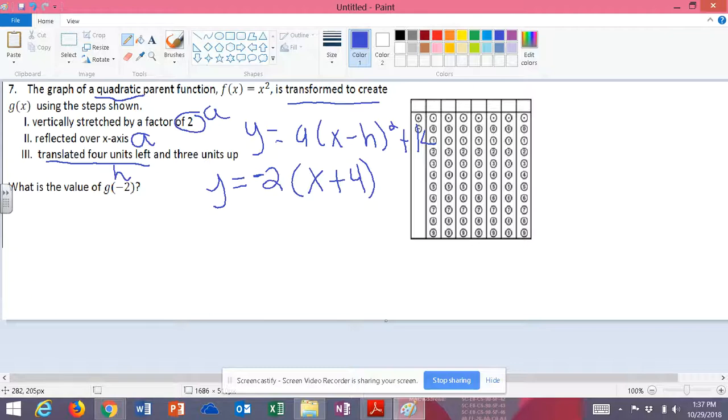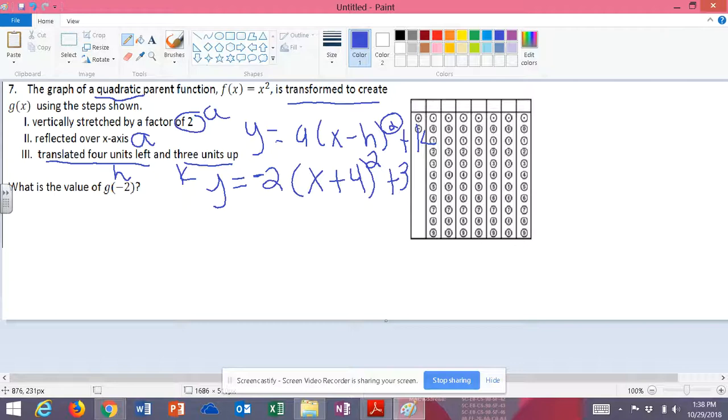And then don't forget that there's a square on the outside of those parentheses, so it's x plus 4 squared. And then 3 units up is going to be a vertical shift, so that's my k value. So that's going to be plus 3 on the outside of those parentheses.